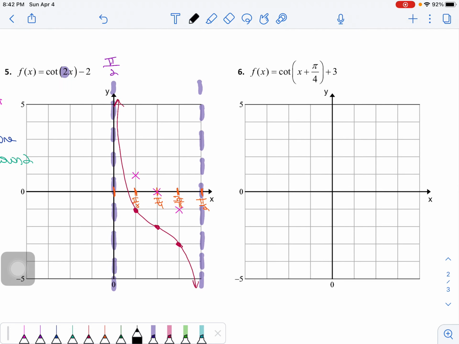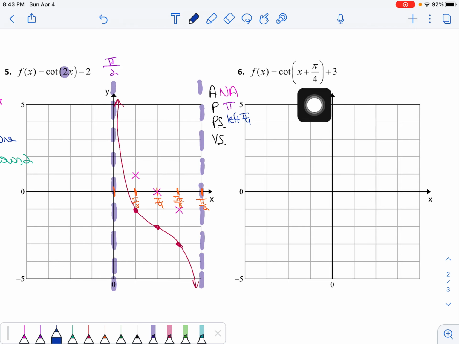Let's go ahead and slide over to number 6. Let's see what we've got for this critical information. So amplitude, period, phase shift, and vertical shift. I keep saying it, but amplitude doesn't apply, right? Get used to just writing it in there, it's fine. Period in this case, no change, so it's going to be period of pi. We're going to go phase shift left, pi over 4.